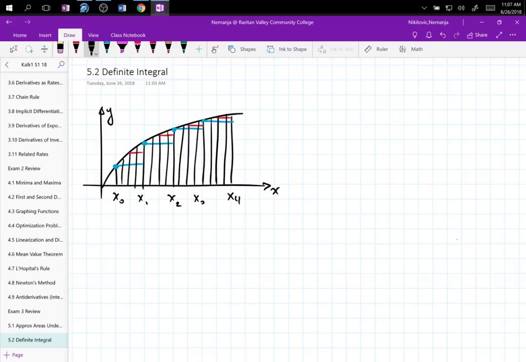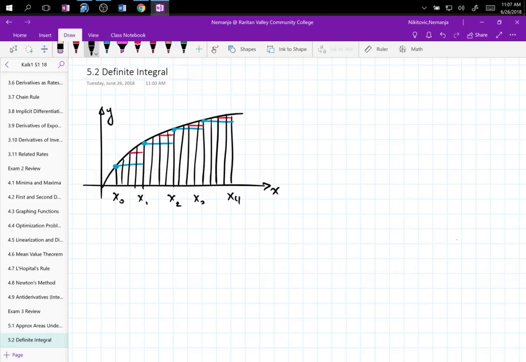But the idea is that if you divide this so much that you are able to fit infinitely many of these rectangles, those rectangles would be infinitely thin. You would have a theoretical rectangle under every point of the function.